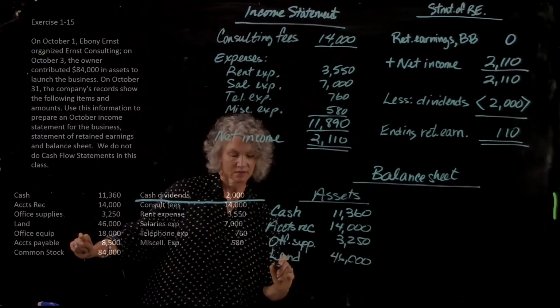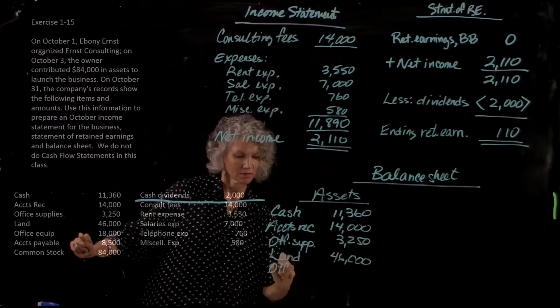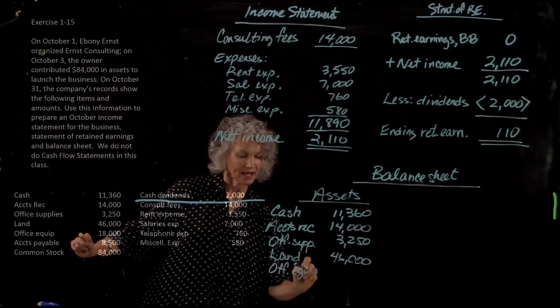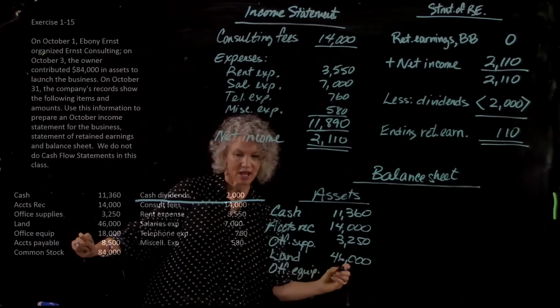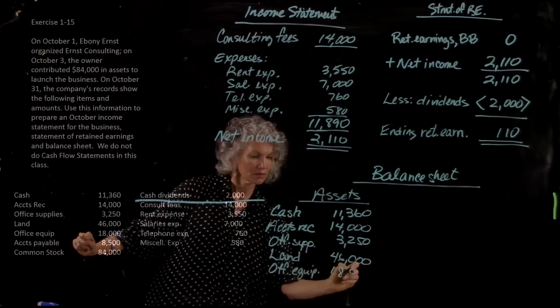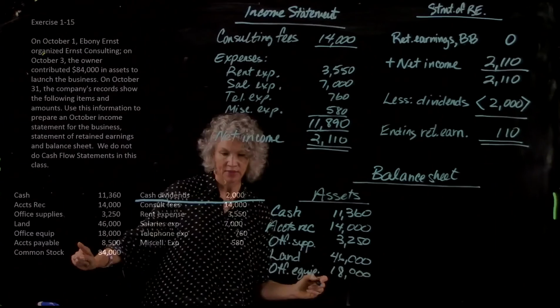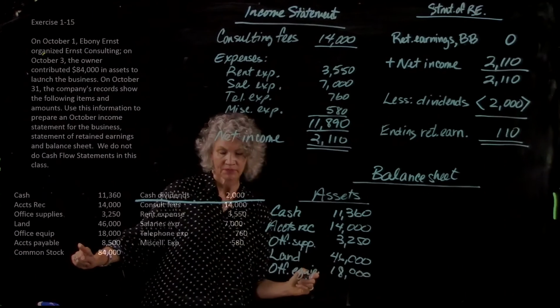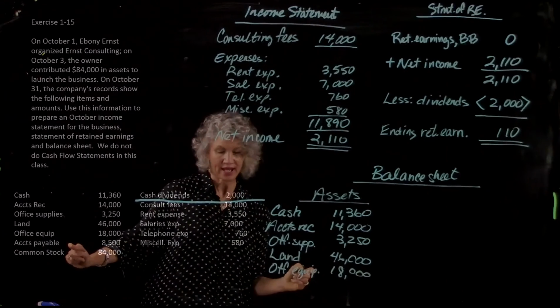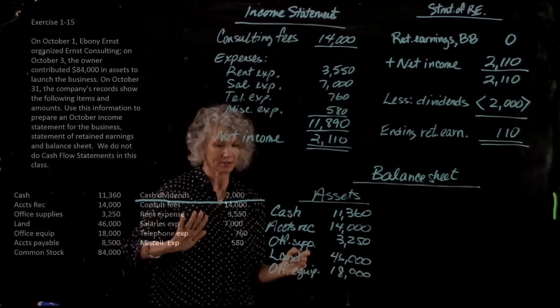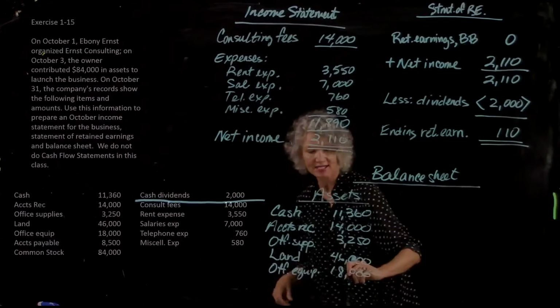Office equipment. Notice that they have spent a lot of cash getting stuff for the business. Because remember, they started by putting $84,000 of cash into the business. Okay, the next item is accounts payable. That's a liability. So that is the end of the assets.